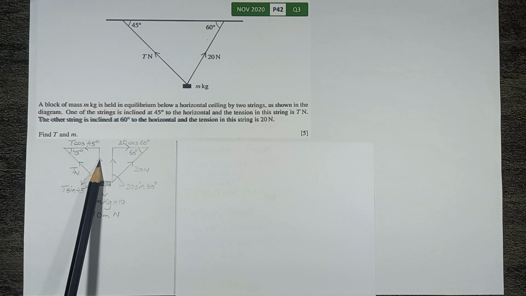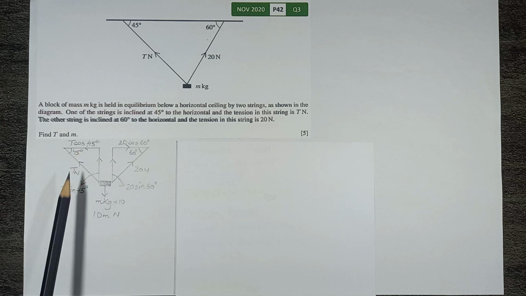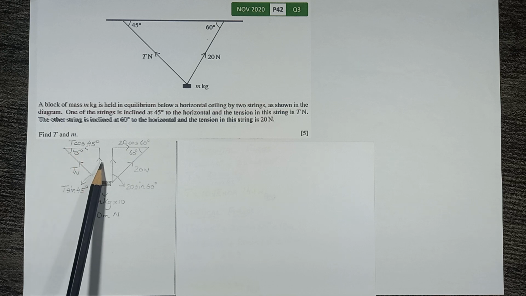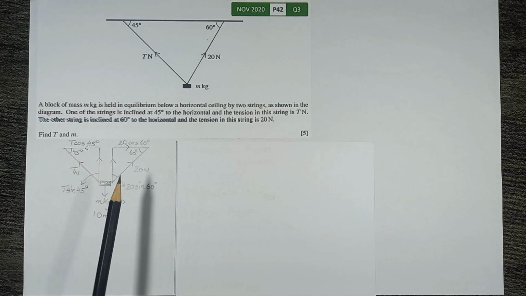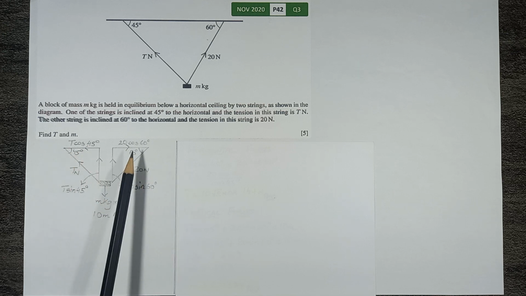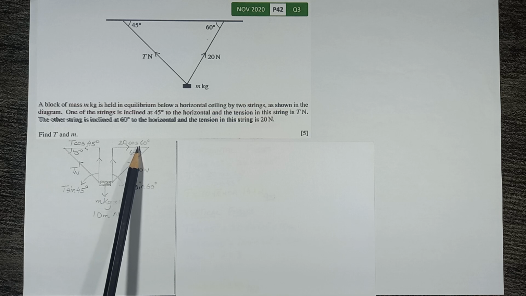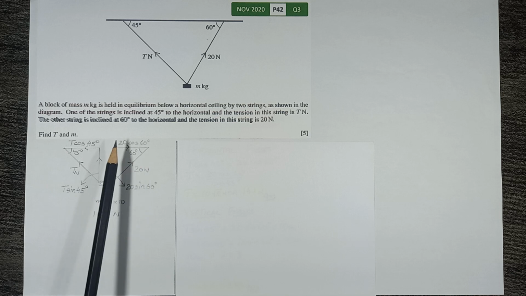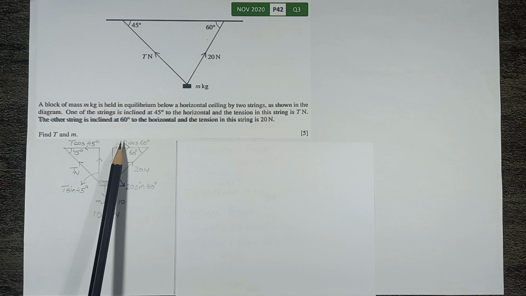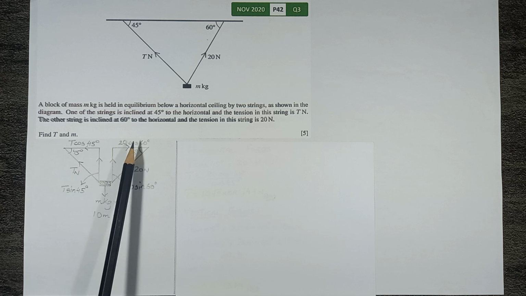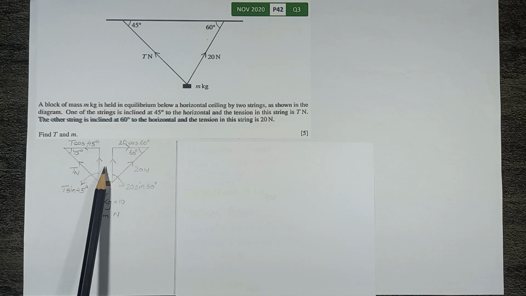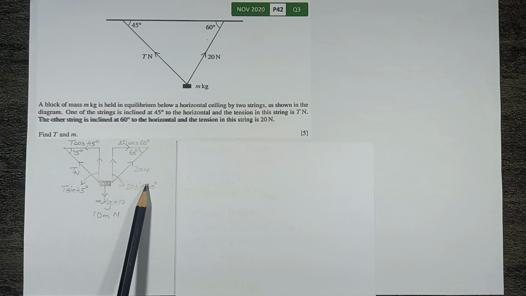Similarly, the opposite side would be T sine 45, because that is the cos component, so this side would be the sine component. Similarly, this is a 20 Newton force making an angle of 60 degrees with the x-axis or the horizontal. That means that would be a cos component, so 20 cos 60 is to the right and this side would be 20 sine 60.